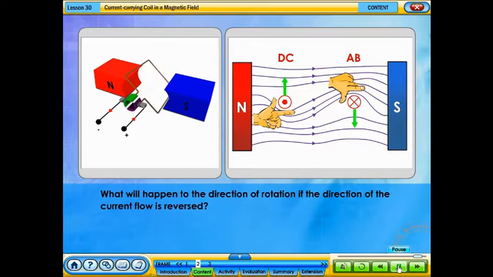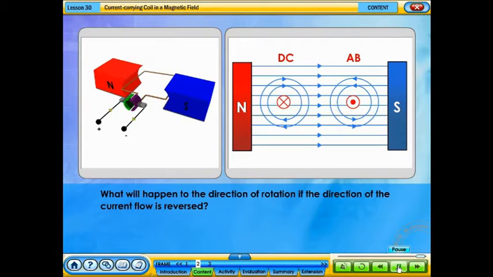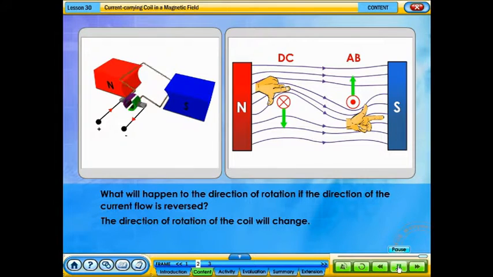What will happen to the direction of rotation if the direction of the current flow is reversed? The direction of rotation of the coil will change.